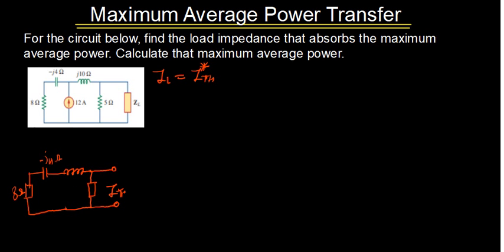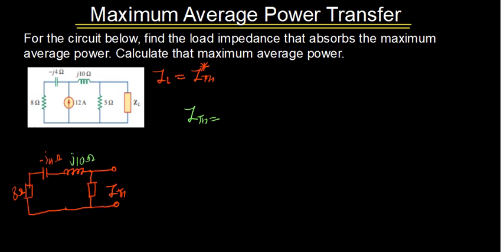So at this point, this is where we have our Thevenin impedance. To find it, here is how we go about it. The Thevenin impedance is equal to the 8 ohm resistor, the minus j4 ohm capacitor, then the j10 ohm inductor.